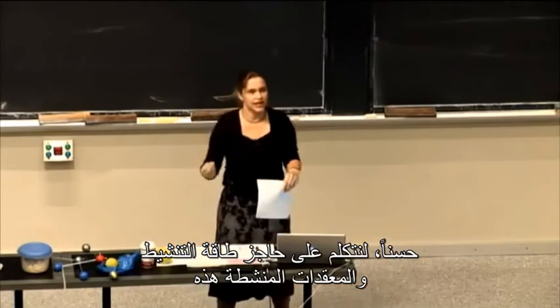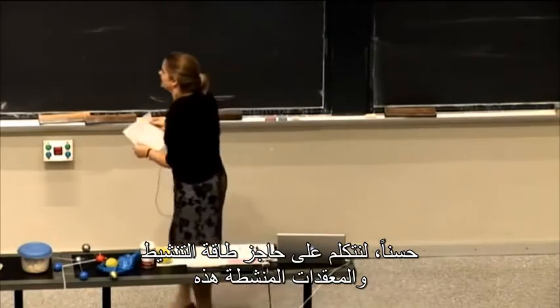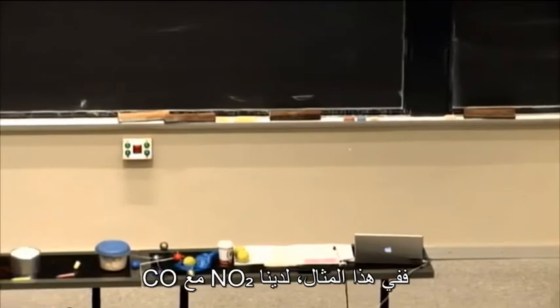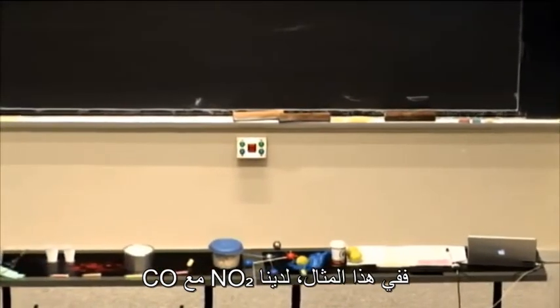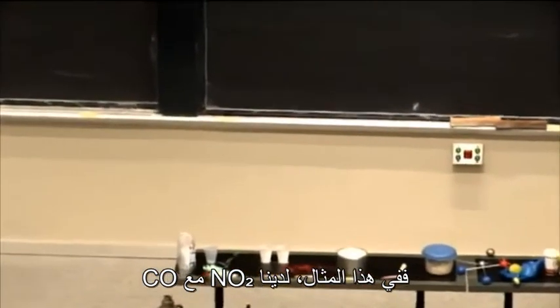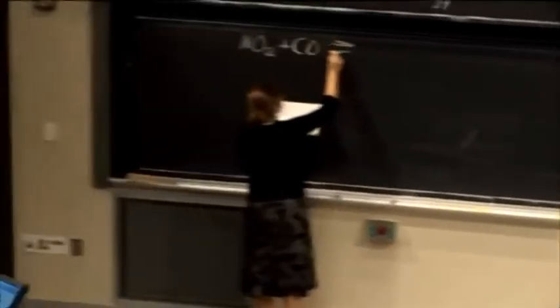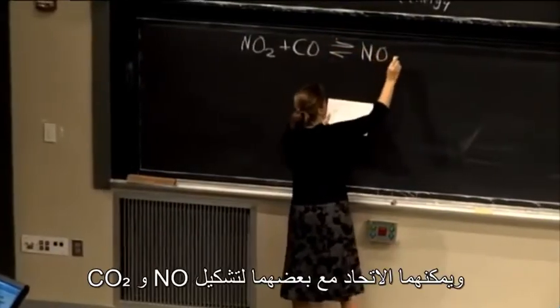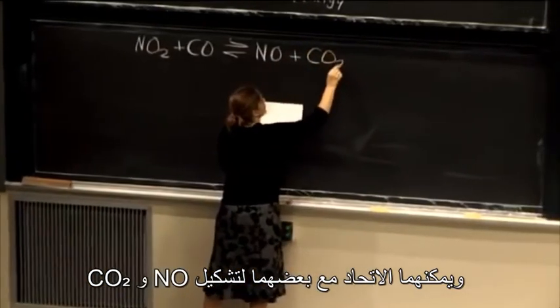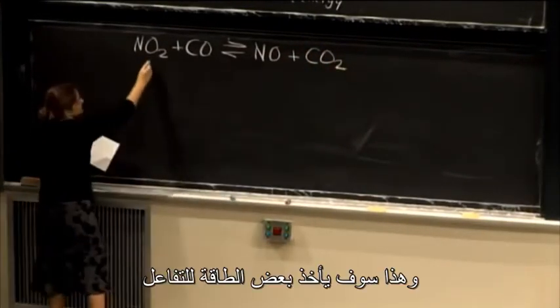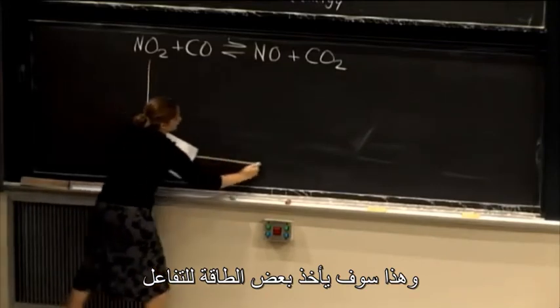All right. So let's talk about this activation energy barrier and these activated complexes. In this example, you have NO2 plus CO, and they can come together and form NO plus CO2. That's going to take some amount of energy to react.